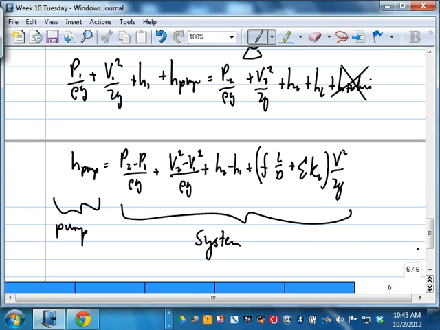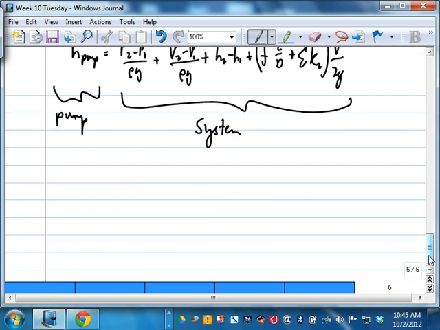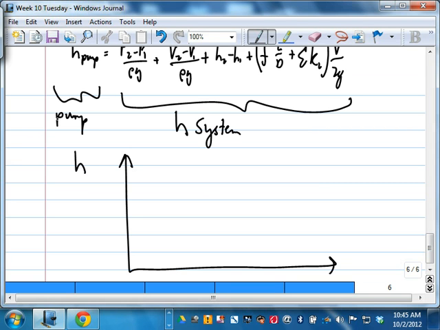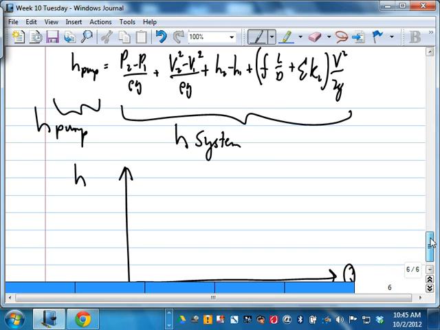So if I plot, this is the H versus, well, this is H system, this is H pump. So H versus, say, Q. All right. So, at zero flow rate, this one is 0. That one. So, it starts off at some number here.